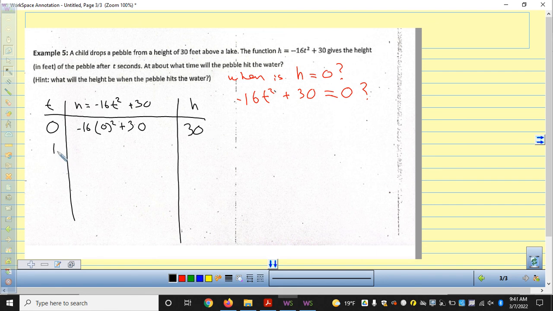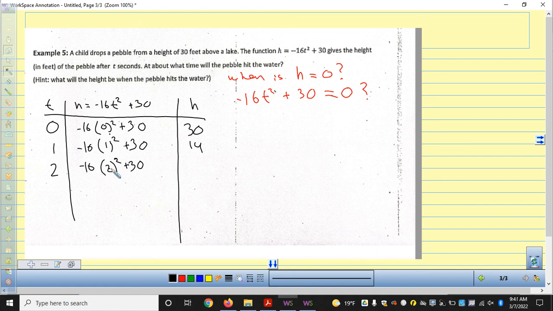Now we'll plug in a couple of times. T equals 1. So we get negative 16 times 1 squared plus 30. And 1 squared is 1, so negative 16 plus 30 is 14. Plug in 2, negative 16 times 2 squared plus 30.